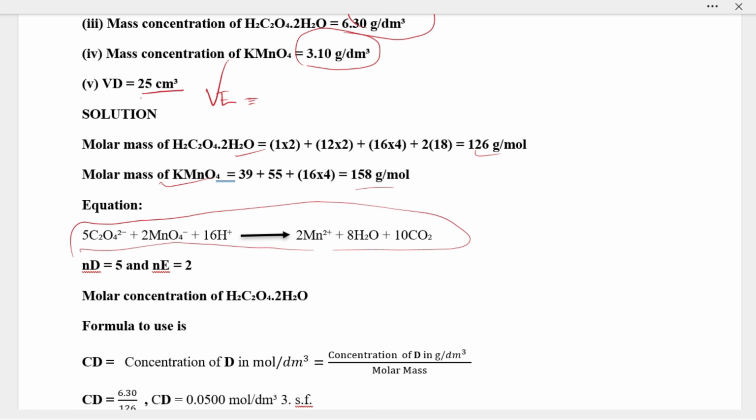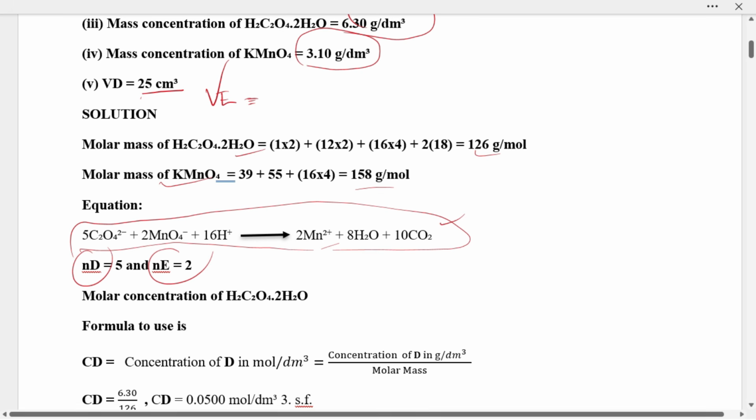From the chemical reaction of the oxalic acid and the permanganate, you're going to have a redox reaction. It shows that the mole ratio of the oxalic acid to the permanganate is going to be 5:2. That's 5 moles of oxalic acid against 2 moles of the permanganate.